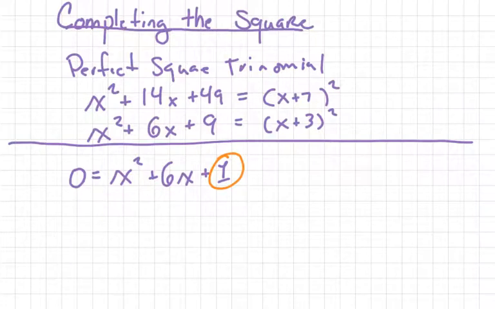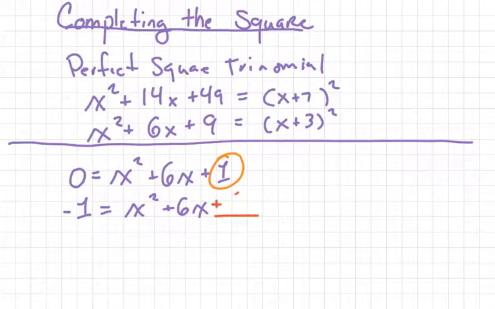So, the first thing I want to do is move the 1 to the other side. So I'm going to subtract 1 from both sides, and I get x squared plus 6x on the right. Then I want to add a number to the end here, and that number needs to be the number that is going to make this right side a perfect square trinomial.